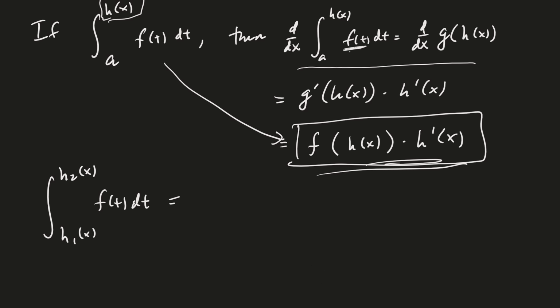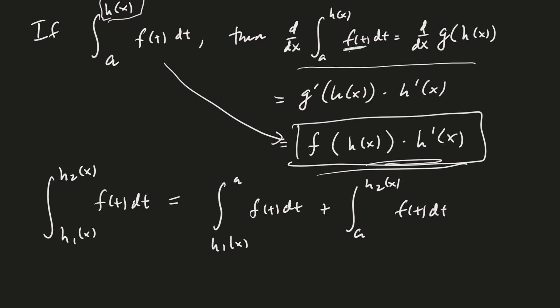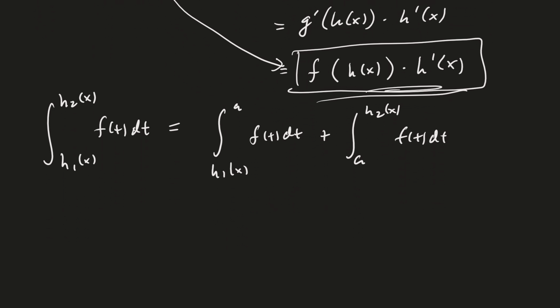Well, you could rewrite this as, let's take this from the bottom first, I guess, the integral from h1 of x to a, f of t dt, plus the integral from a to h2 of x, f of t dt. Good. And then we know, so this is just a property of the integral, right?